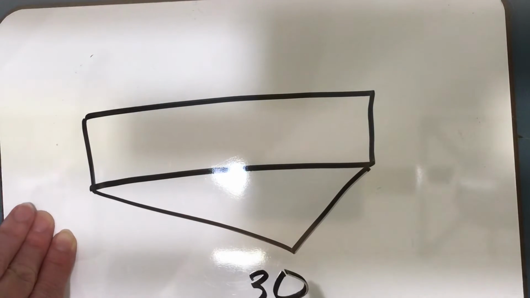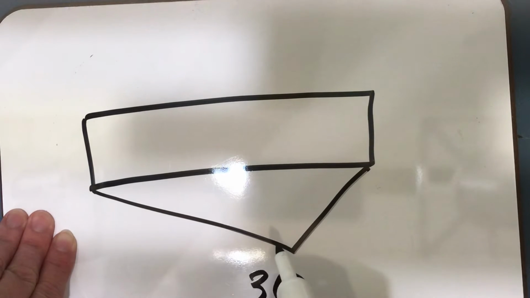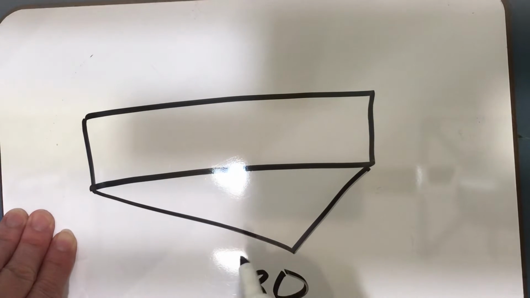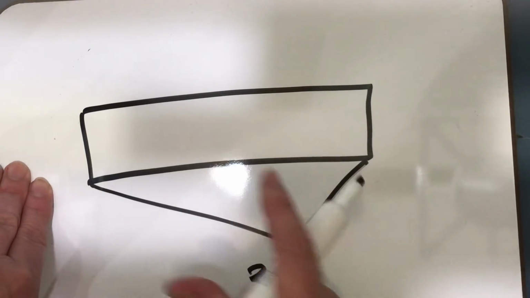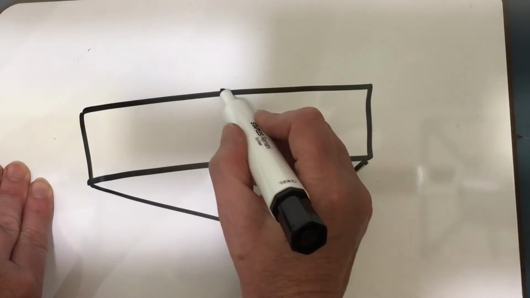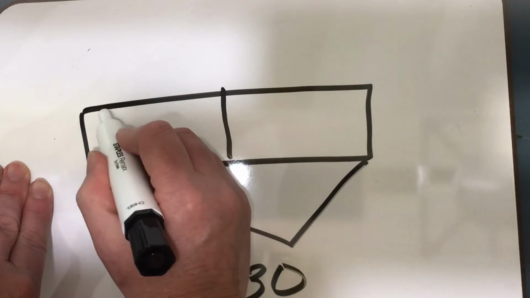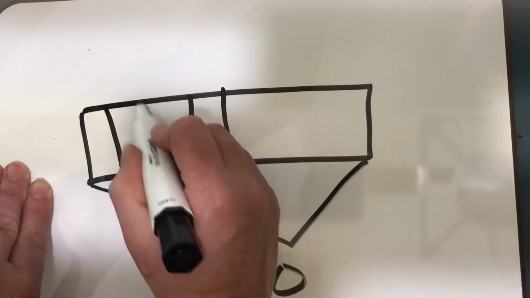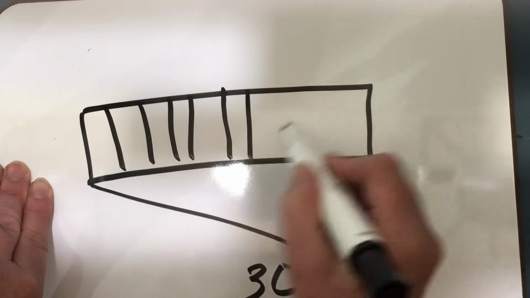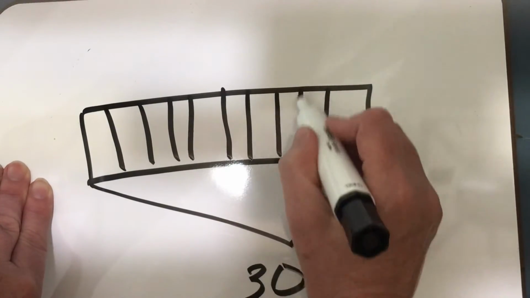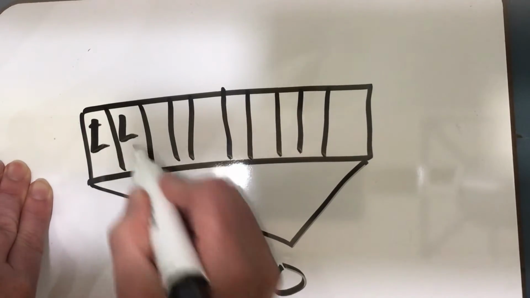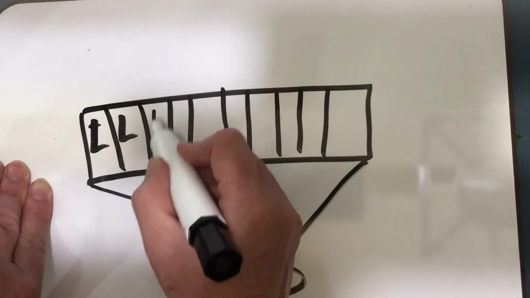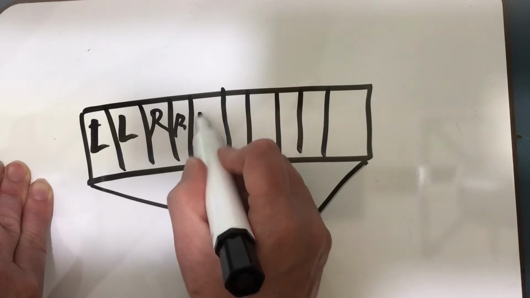Okay, so 2/10 are left-handed, which means that the rest of them are right-handed. Okay, so if we have tenths, let's make this into tenths. Okay, if 2/10 are left-handed, that would be right here. Then all of these must be right-handed, everyone else.